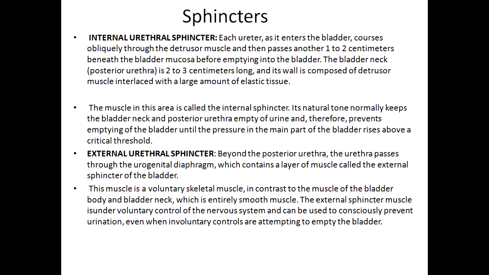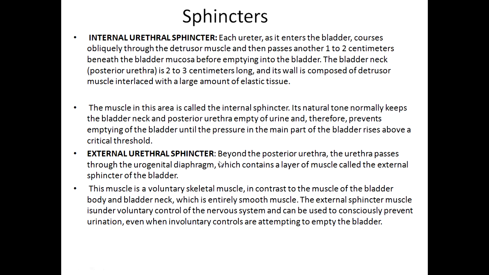It prevents emptying of the bladder until the pressure in the main part of the bladder rises above the critical threshold. We have mentioned until the pressure reaches 40 to 60, only then will this internal sphincter open and help in avoiding the urine. Understand?